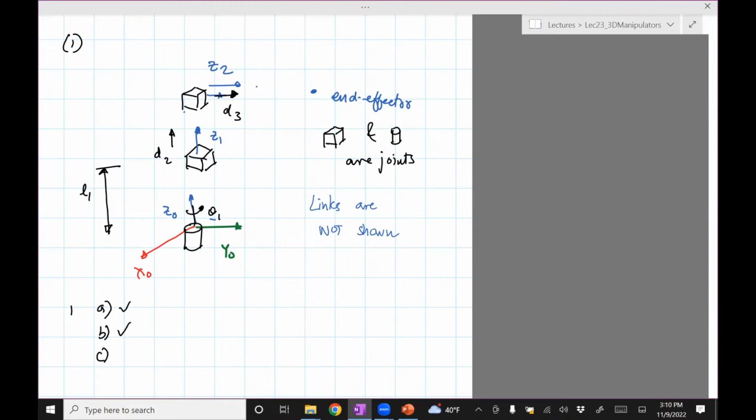Which of those two do you think is true? First one is parallel. When you say parallel, it comes in pairs, so we need to understand the relation between Z0 and Z1. You said parallel, which is fine. Intersecting is also true for this one. You could use either one. Let's assume it's parallel.